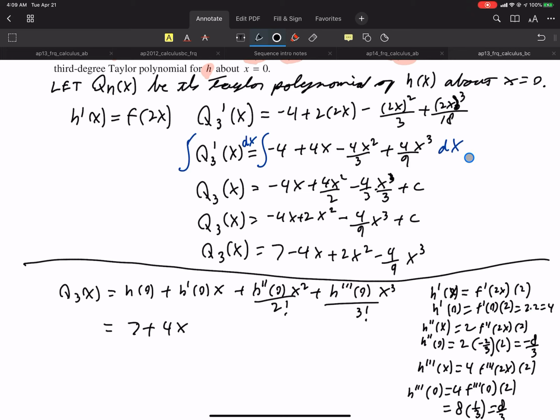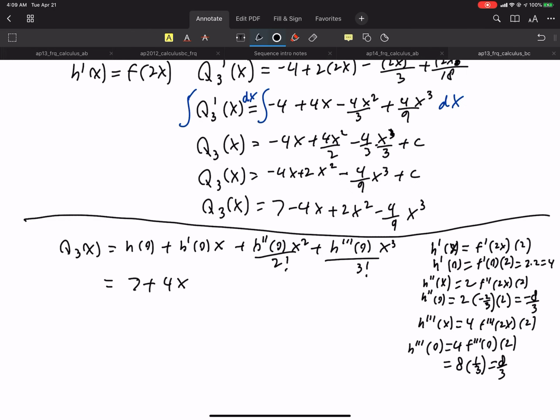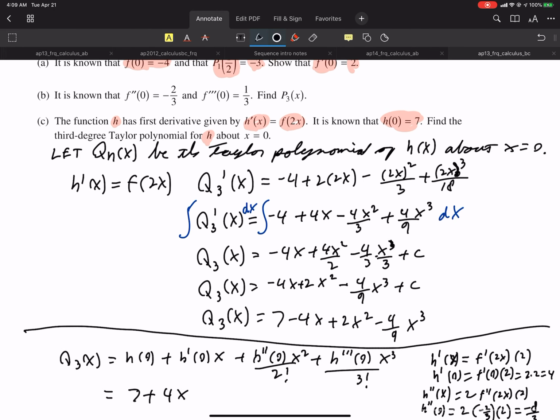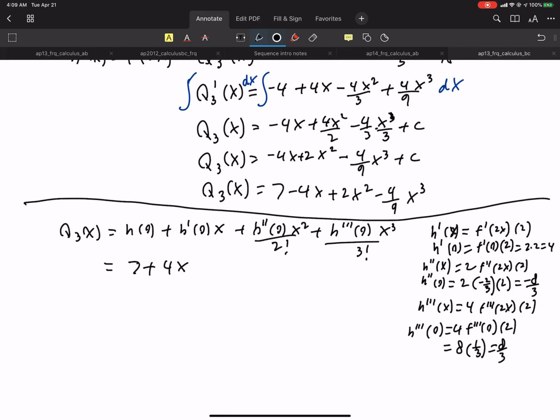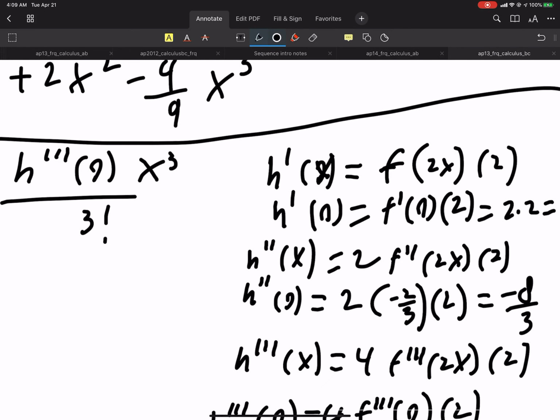Oh man, I royally messed up on this. Sorry guys. H prime of 0 is f of 2x. Man, I messed up all of these. Oh, sorry. And then all of these are going to be, gosh, I really messed up.